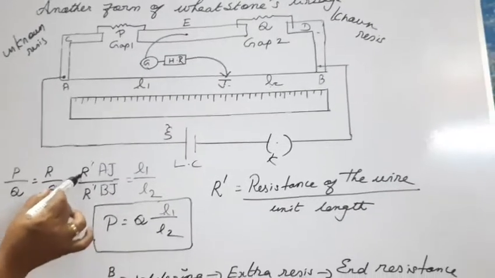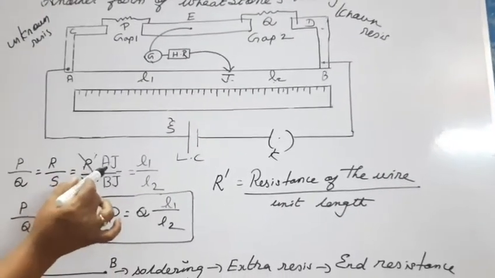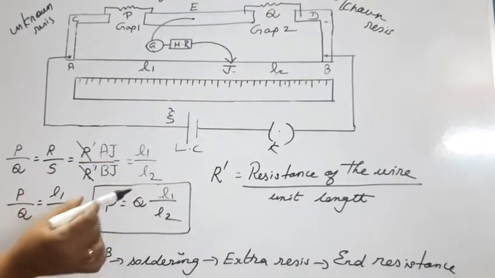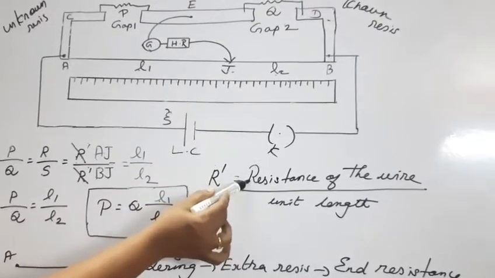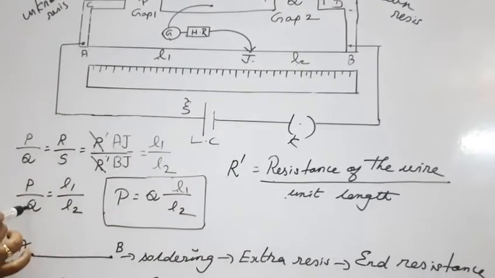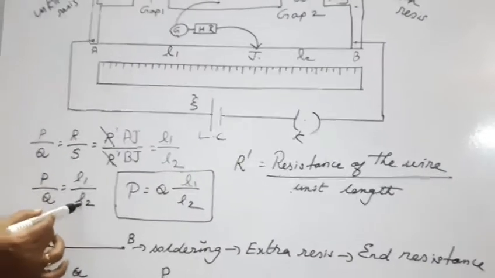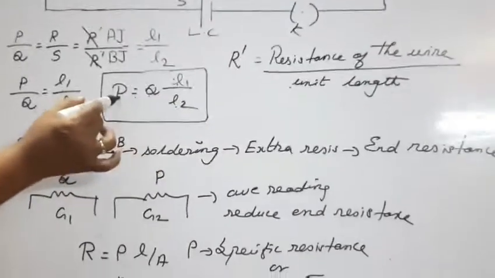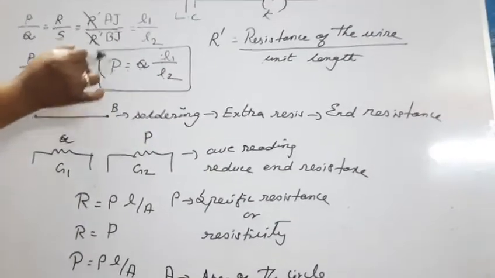R dash cancels, so we get P by Q equal to AJ by BJ. And this R dash is nothing but the resistance of the wire per unit length. Therefore P by Q equal to L1 by L2, so P equal to Q into L1 by L2. So this P resistance we have to calculate.